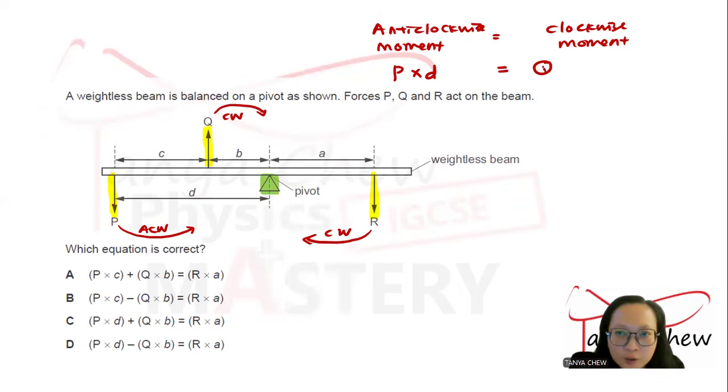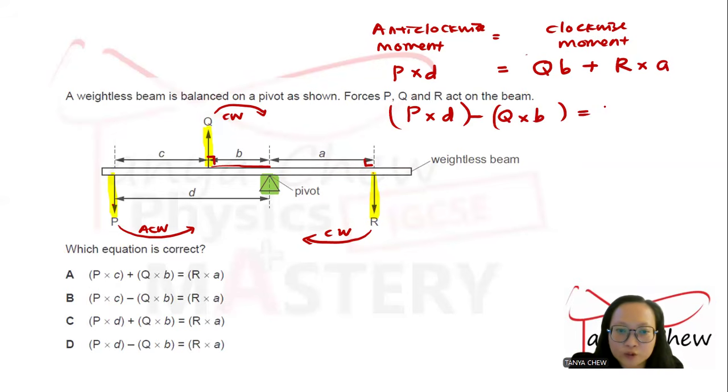Clockwise is Q times perpendicular distance from the pivot, B, plus, this is also clockwise, R times the distance, perpendicular distance between R and the pivot, this is A. So I don't have PD, right? But I have P times D minus Q times B, right? Because I shift this, Q times B is equal to R times A. So the answer is D.